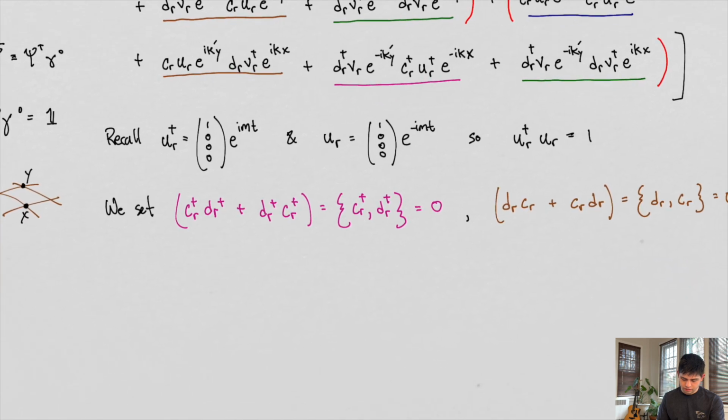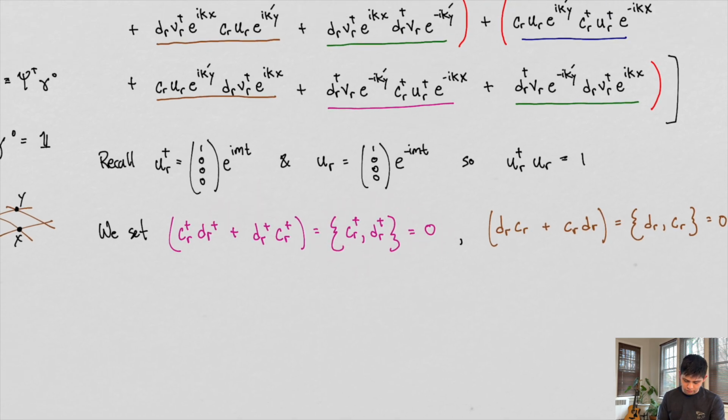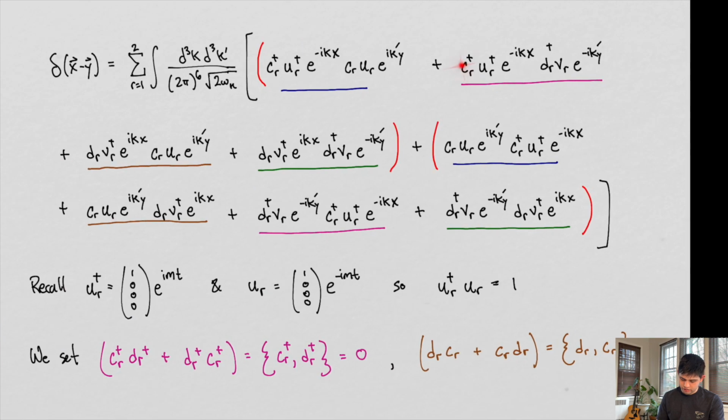Okay? So now, again, recall that these are what our solutions look like. And this is where we set these guys to our anti-commutation relationships, right? So I have this pink again because we have our D dagger, C dagger, D dagger, C dagger, C dagger, D dagger, C dagger, D dagger, right?